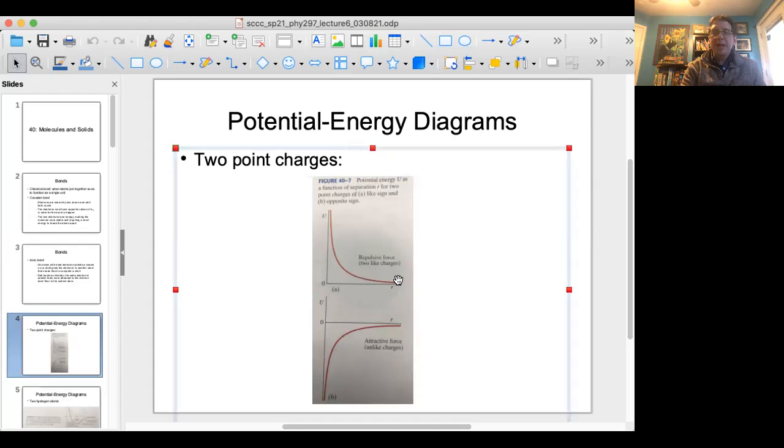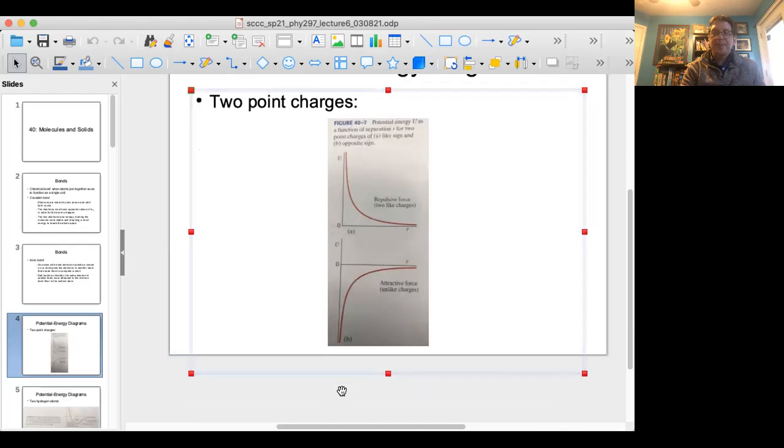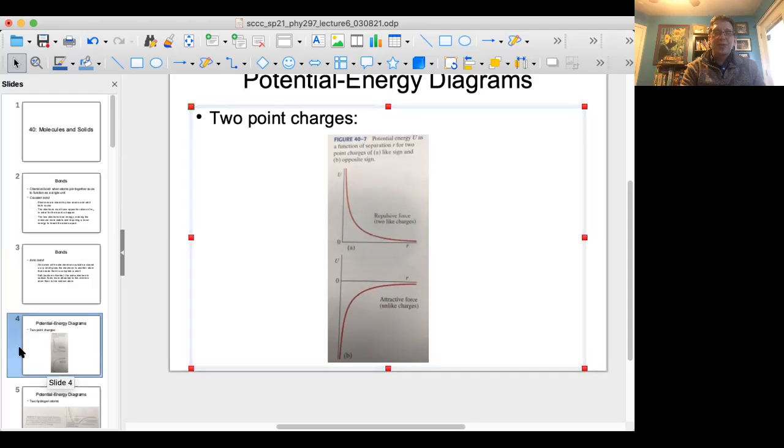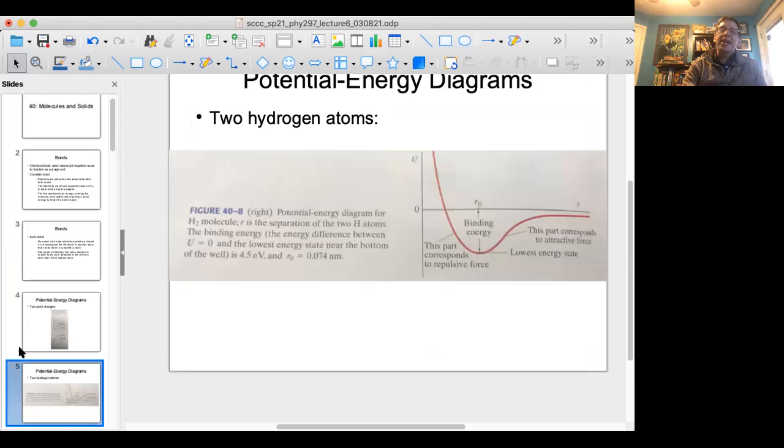If you have two protons or two electrons, the potential energy increases as they get closer to each other. So again, for like charges, the potential energy is positive. For unlike charges, the potential energy is negative.